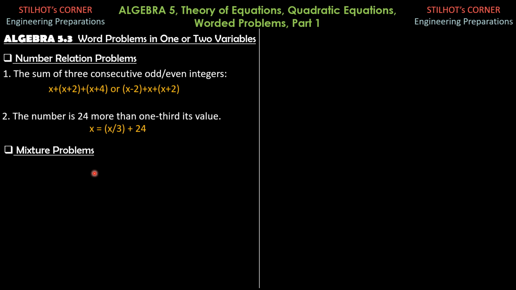Then we have mixture problems. In mixture problems, the pure amount of a substance in that mixture is obtained by multiplying the concentration and the total amount, or the content. So for instance, if you have a mixture of pure milk of 80 milliliters and hot water of 20 milliliters, the total amount in the mixture would be 80 plus 20, which is 100 milliliters.